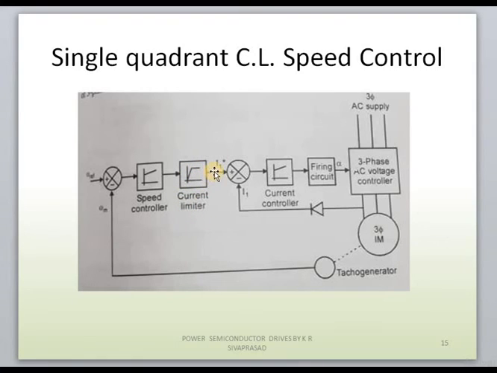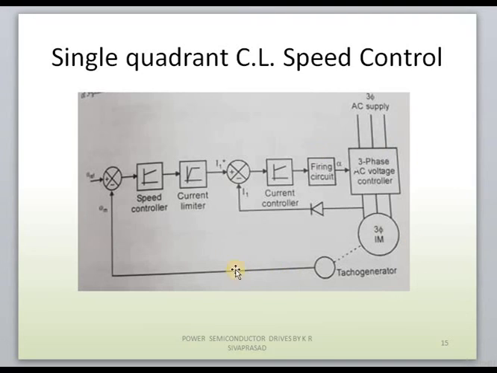The current limiter sets a reference value, and the reference current is compared with the actual current value of the stator, the actual current of the motor. It passes through a current controller. With the current controller, the firing angles are generated, and with these firing angles, a 3-phase AC voltage regulator operates to control the speed of the machine.